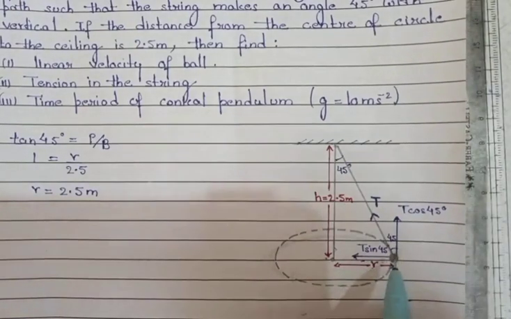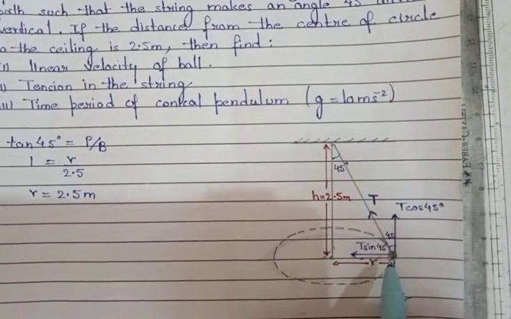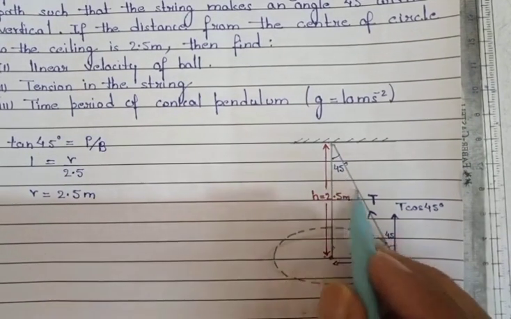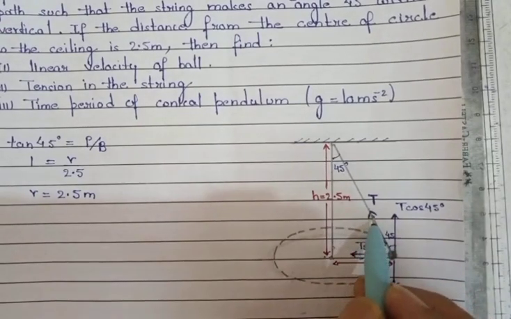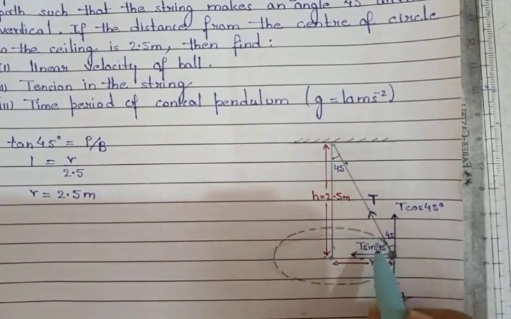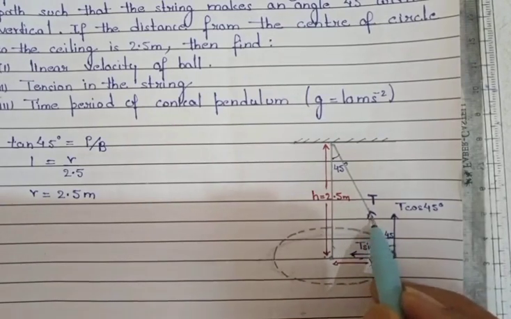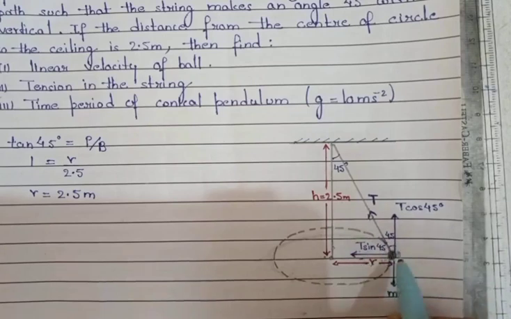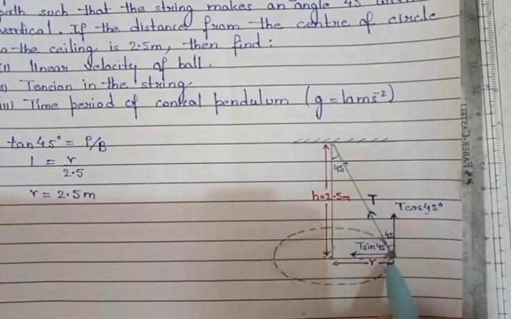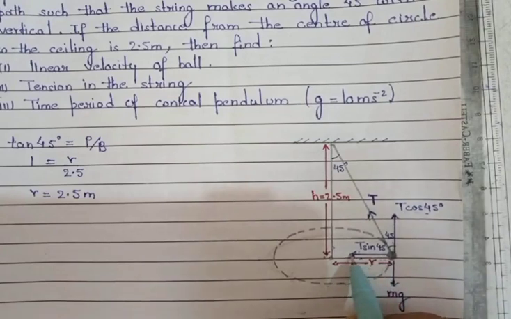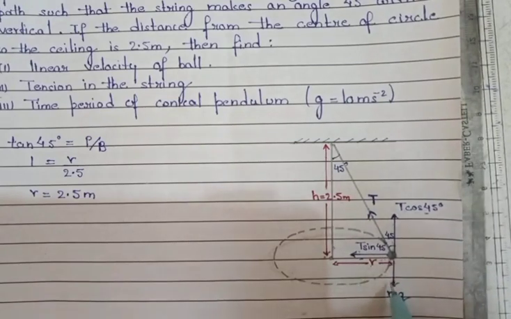Now as this ball is rotating in this horizontal circle attached to the string, there will be tension in the string. This string is having a tension T. Breaking it into components, we get T cos 45 and T sin 45, and in this direction will be the weight of the ball, mg.